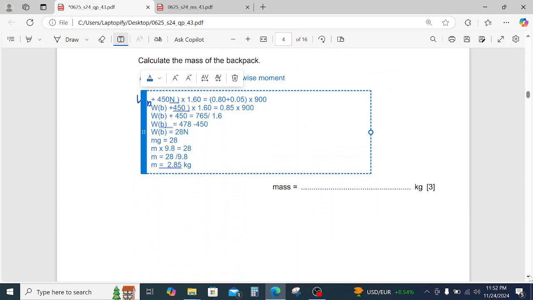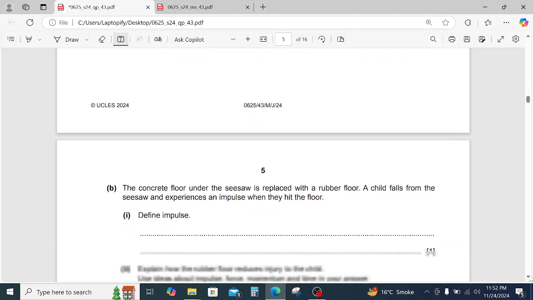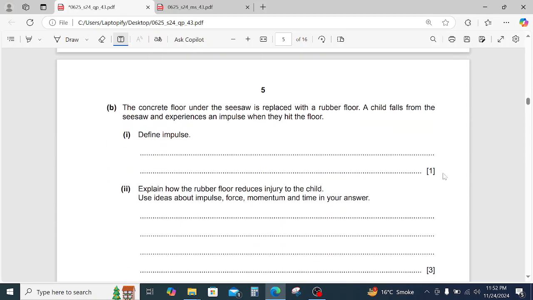Remember one thing, the rubbers have elasticity. When the child falls from the seesaw, this rubber floor will be a little bit compressed, and after some time there will be the change in momentum.